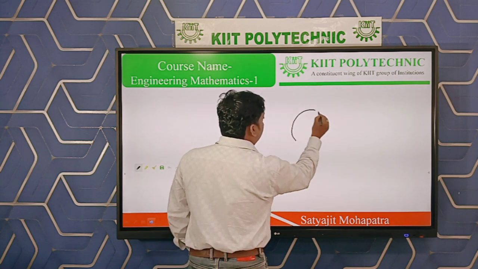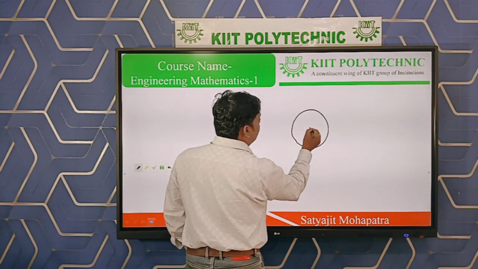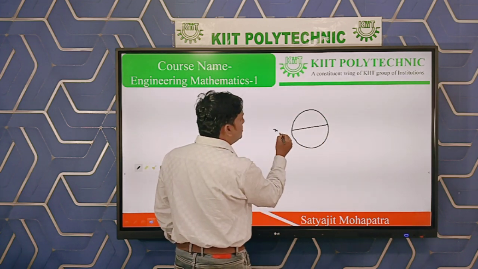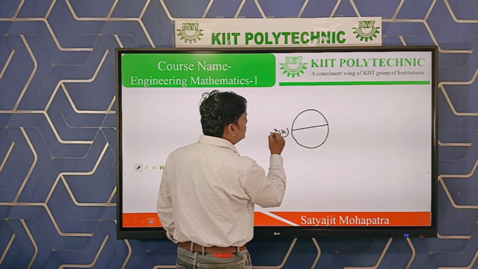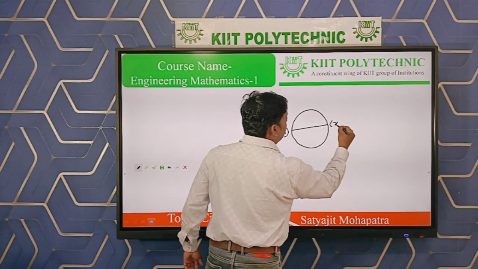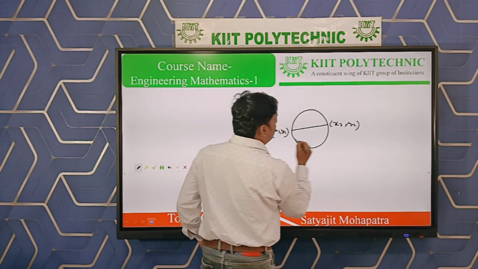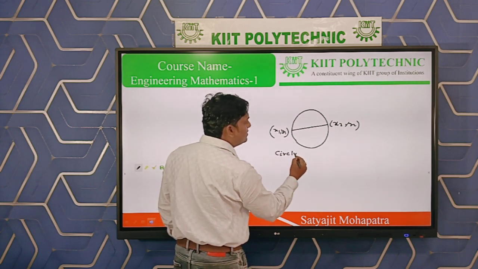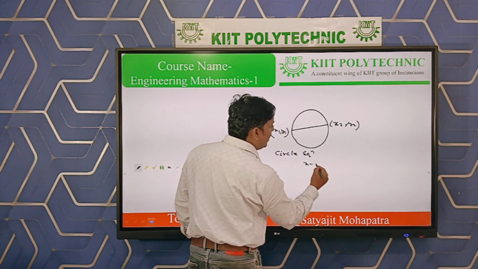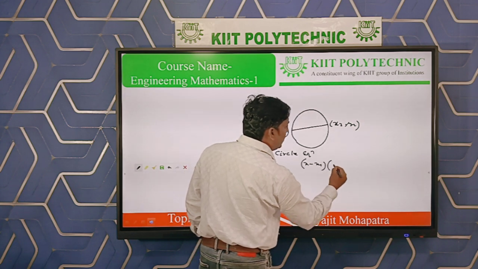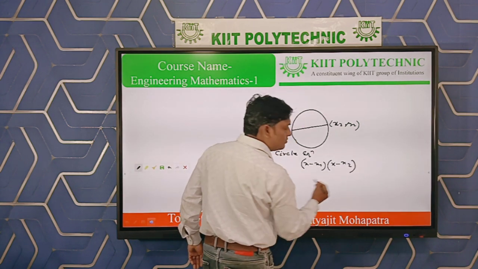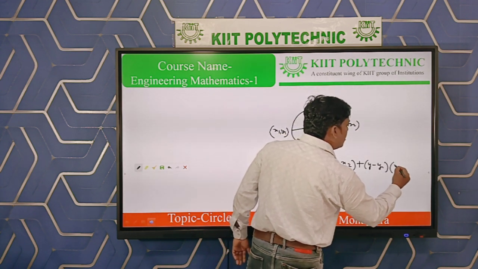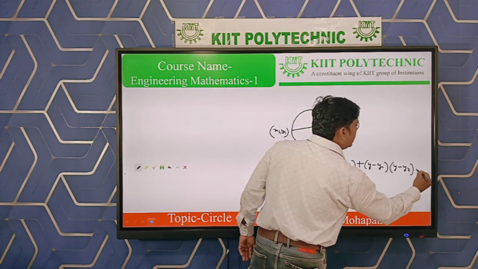Suppose this is the circle, this is the center, this is the diameter. When the end points of the diameter are given, the circle equation is (x minus x1) into (x minus x2) plus (y minus y1) into (y minus y2) equals to 0.